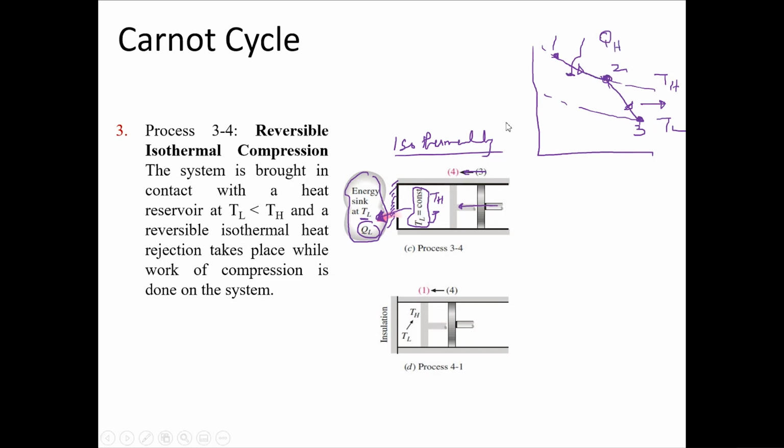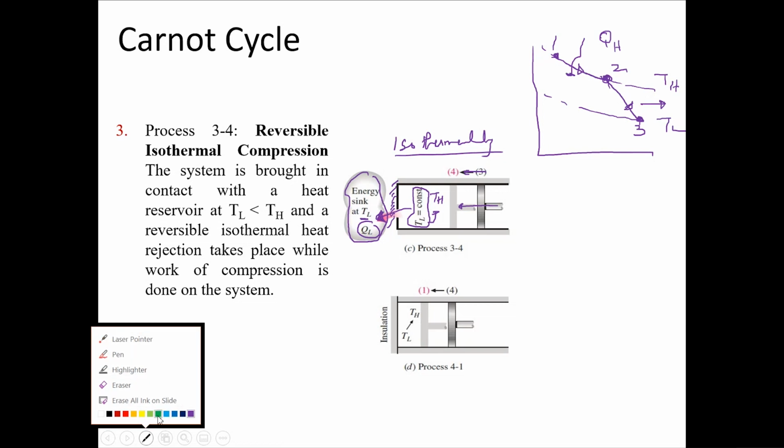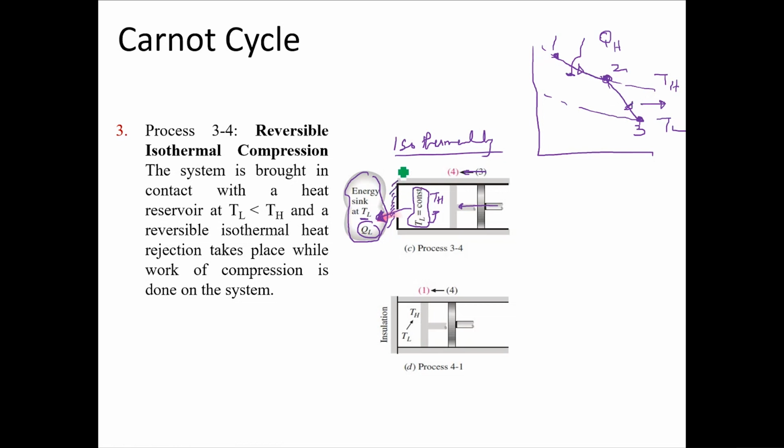Now for the second half of the cycle, the first process is where you have moved from 3 to 4, and as a result of this movement, heat is being extracted out of the system, QL. The temperature still is TL.